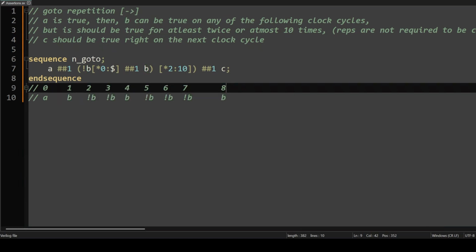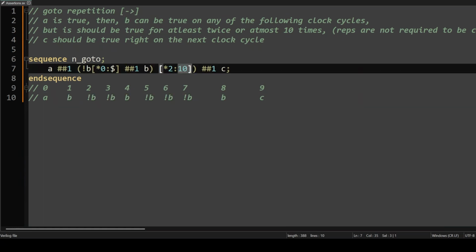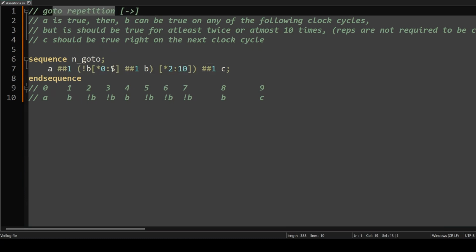So as per our condition, C should be true right after the last true B is detected. And remember, the number of true B's should not be more than 10 and less than 2. So this is also something you have to remember. I know it is getting quite complicated, but with goto repetition, it is just a simple and small sequence.